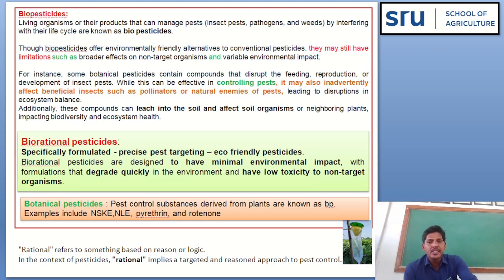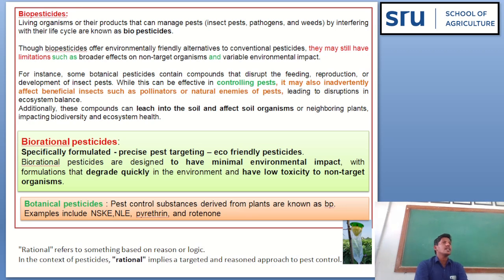These biopesticides still have limitations, such as their broader effect on non-target organisms and variable environmental impact. Broader effect means they may sometimes affect non-target organisms also, and they also leach into the soil and affect soil microorganisms. So these are the limitations associated with biopesticides.